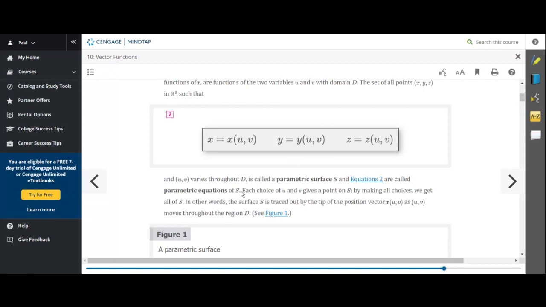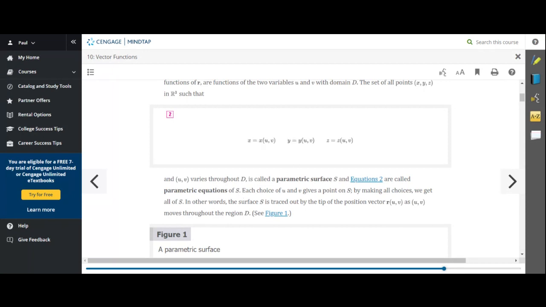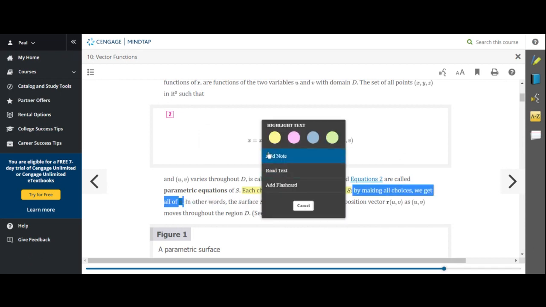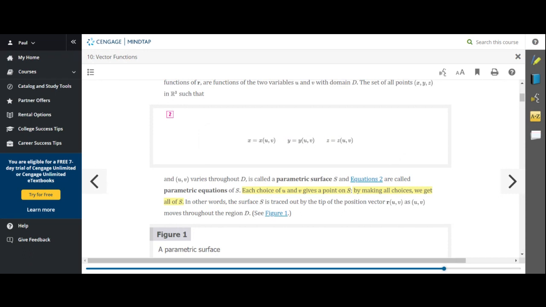And each point of u and v is going to give a point on your parametric surface S. And by making all the choices, you essentially trace out the entire parametric surface.